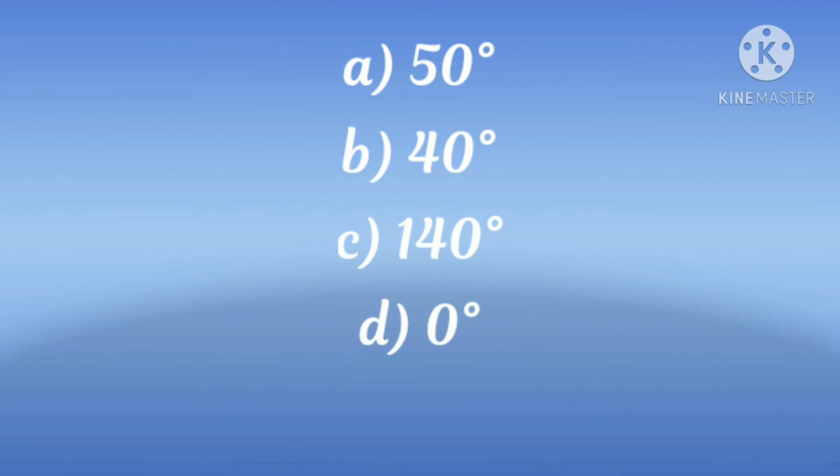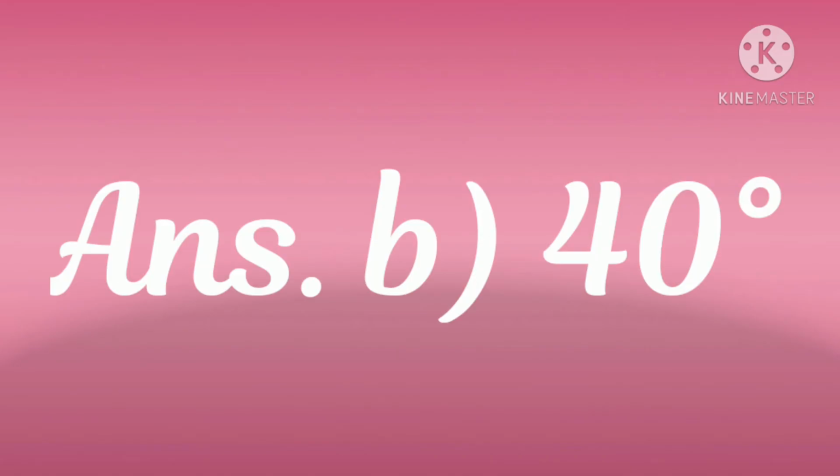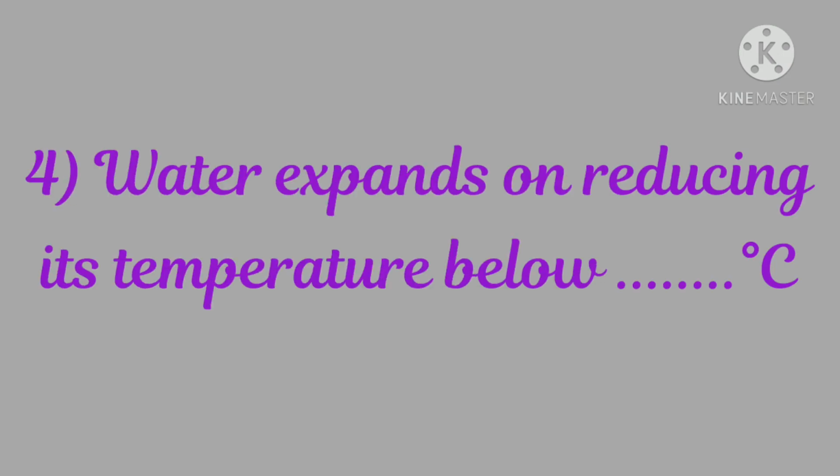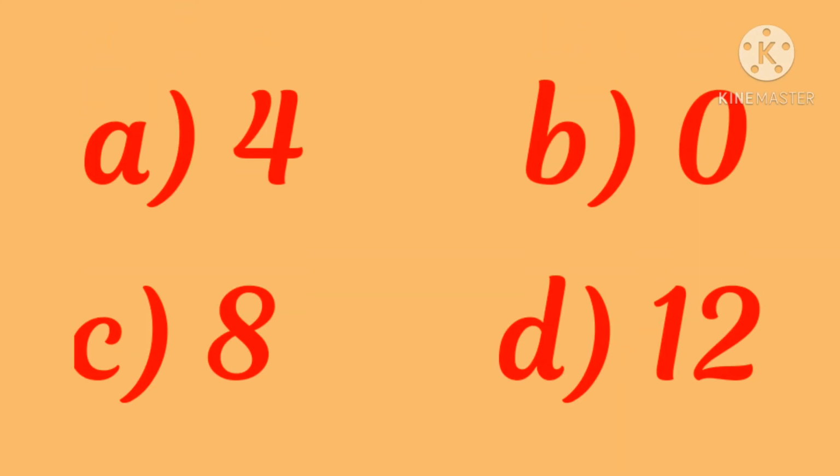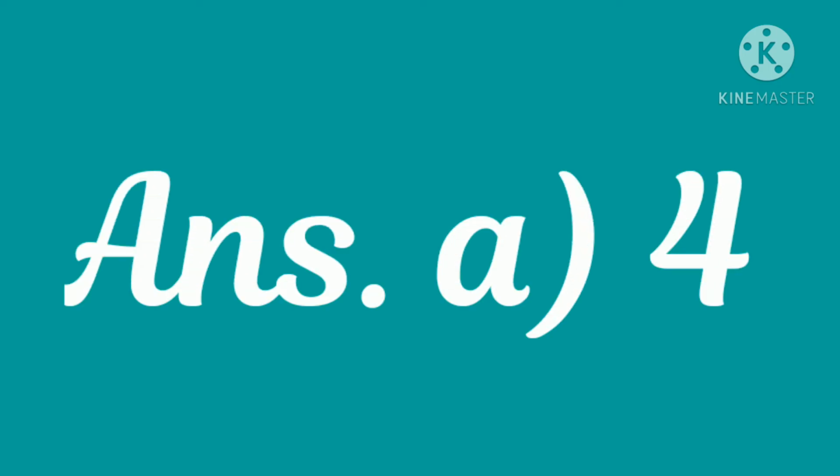Correct answer is option B. 40 degree. 4. Water expands on reducing its temperature below dash degree. The options are A. 4, B. 0, C. 8 and D. 12. Correct answer is option A. 4.